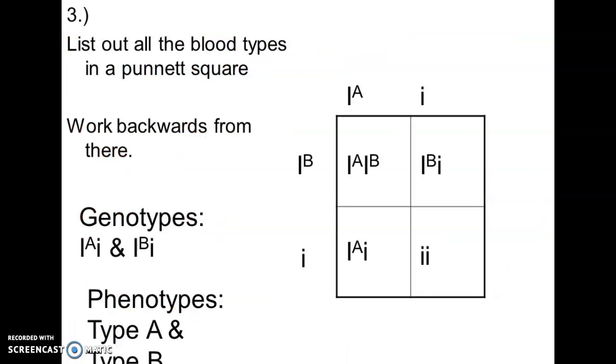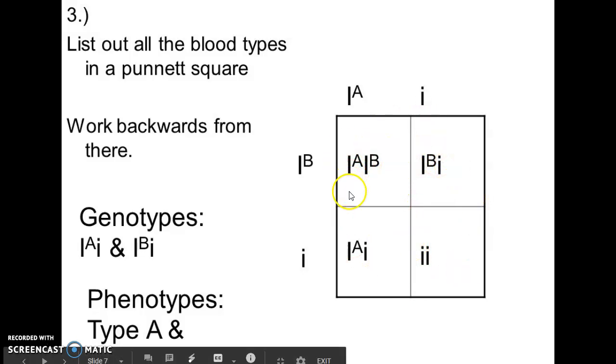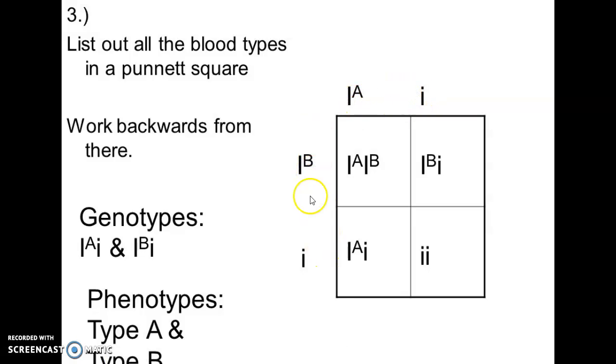This is the other way I want you to be able to do your Punnett squares for blood types. Heterozygous A, heterozygous B. IA is considered one allele, right? And this is heterozygous A, so the lowercase i would be the second allele.